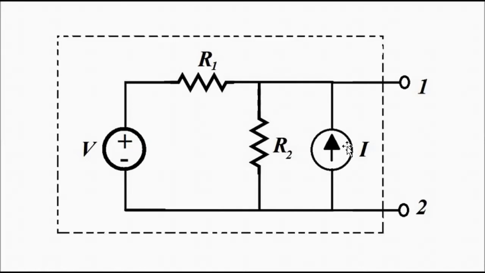So we can determine the Thevenin equivalent across any two terminals. Suppose you want to determine the Thevenin equivalent across these 2 points of the independent voltage source. Same thing, first we have to determine VTH, then we have to determine RTH, deactivating the independent sources.